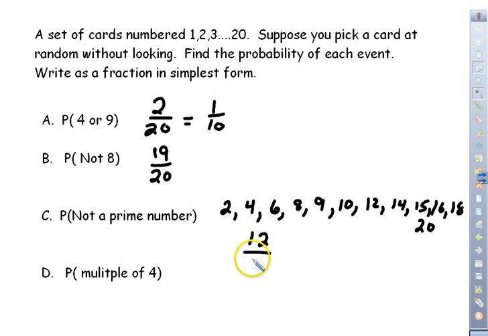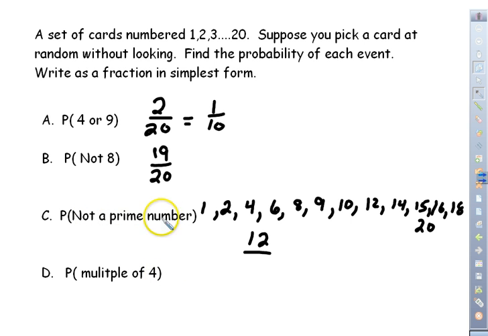And I guess you could look at this a little differently. I'm looking at how they said not prime. 1 is not prime either. So you really should have that in there, the more that I look at that. So 1 would be included in that. You have to be very, very careful as you're going through this, as I was.